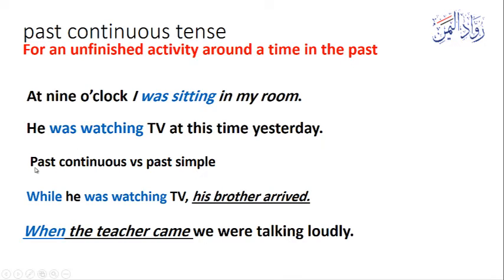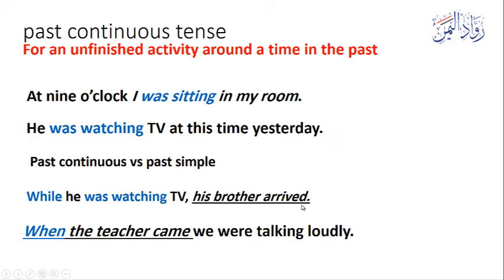Let's compare the past continuous and the past simple. While he was watching TV, his brother arrived. What happened here? The past continuous was in progress, was happening for some time in the past. While it was happening, another action happened in the middle of it and interrupted it from continuing. This action that interrupts the past continuous is called the past simple.